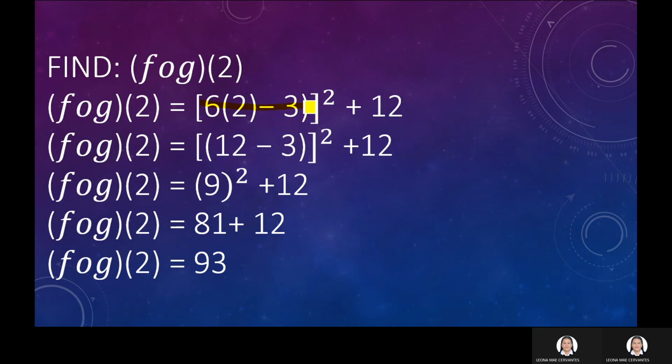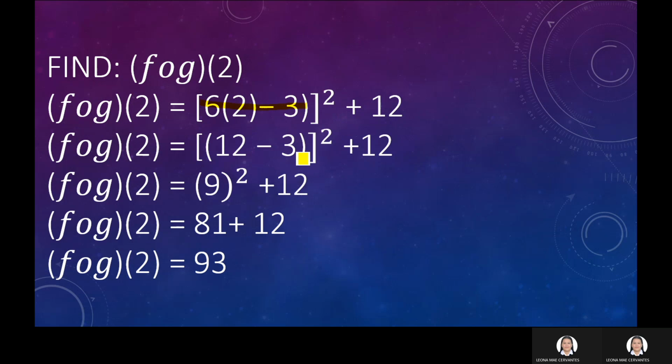So substitute positive 2: (6 times 2 minus 3) squared plus 12. Okay. So we have 6 times 2 is equal to 12 minus 3 squared plus 12.